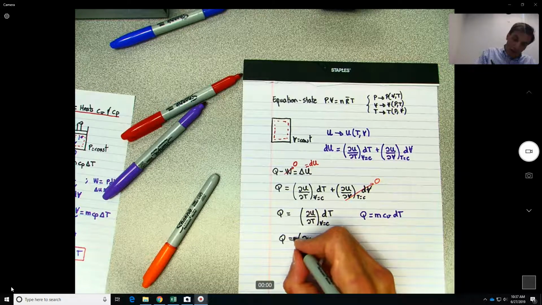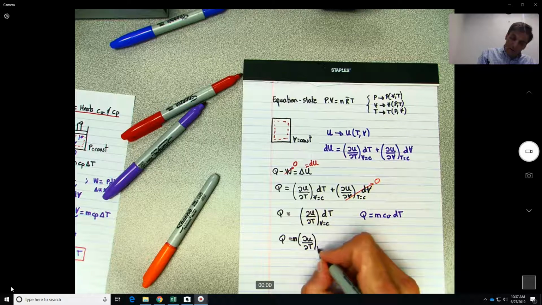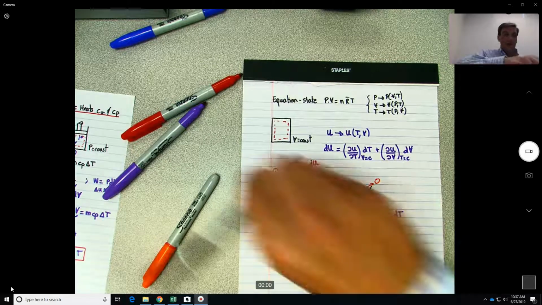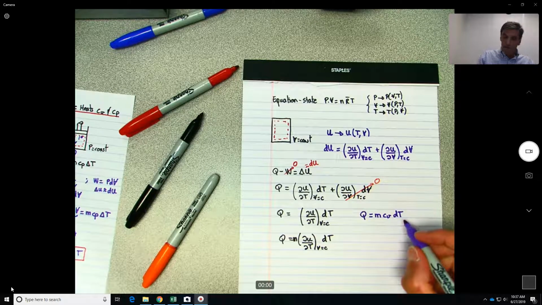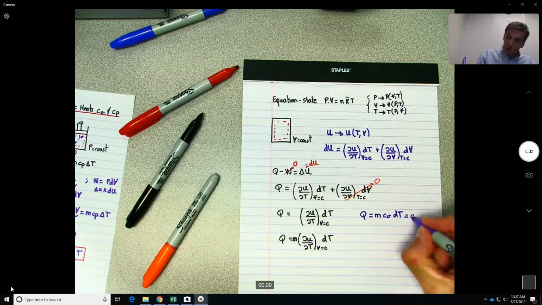So here we have the m, at constant volume, dT. Okay, and if you remember from this equation here, this will also be equal to dU.